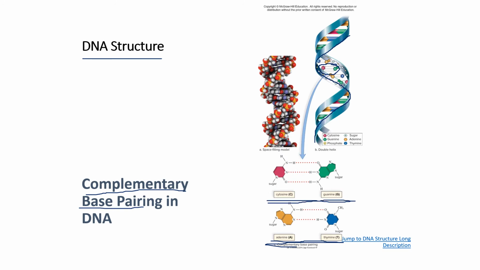The cytosine-guanine pair make 3 hydrogen bonds. The adenine-thymine pair only make 2. So you can see effects of that when we start getting into biotechnology. You can separate the 2 strands of DNA easier if there's lots of A and T's in there, and that's because they have fewer hydrogen bonds, just 2.